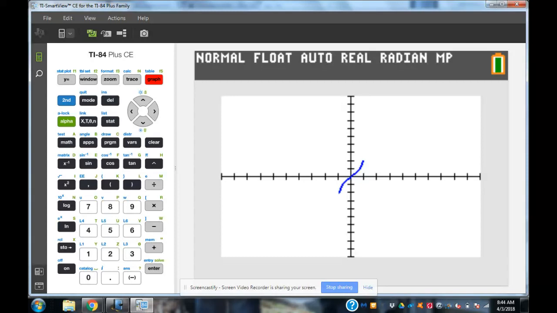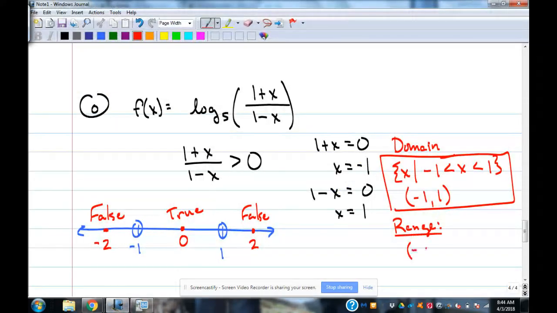Yeah, it doesn't look like it, but what does this line keep doing? Keeps going straight down. This line keeps going straight up. There are these vertical asymptotes here. Remember, it's still going as we get toward negative 1. So the range is still from negative infinity to positive infinity. That hasn't changed, even though the graph doesn't really look like it when we draw it on the graphing calculator. That is what's happening. Okay.